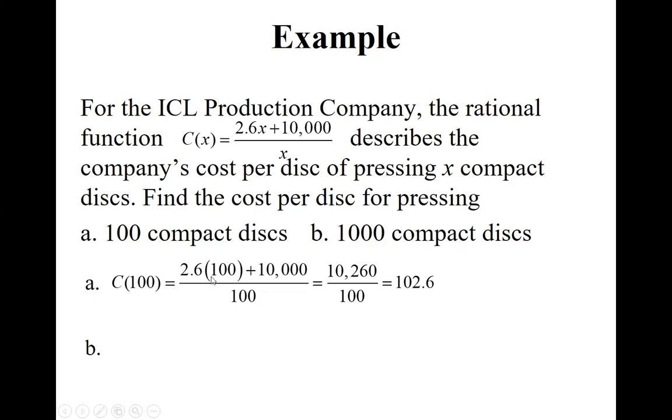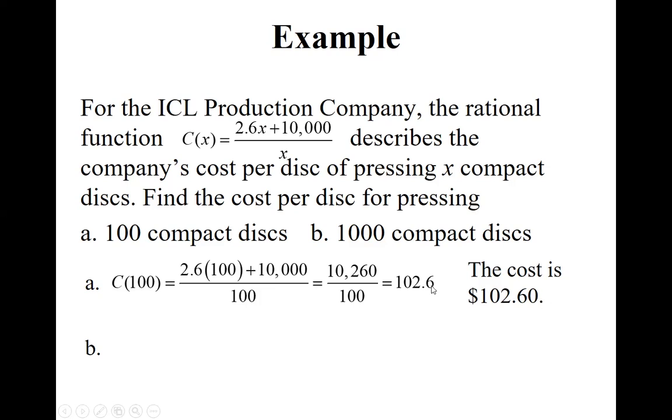So C of 100 is 2.6 times 100 plus 10,000 all over 100. 2.6 times 100 is 260 plus 10,000 is 10,260. Divided by 100 is 102.6. So the cost is $102.60.